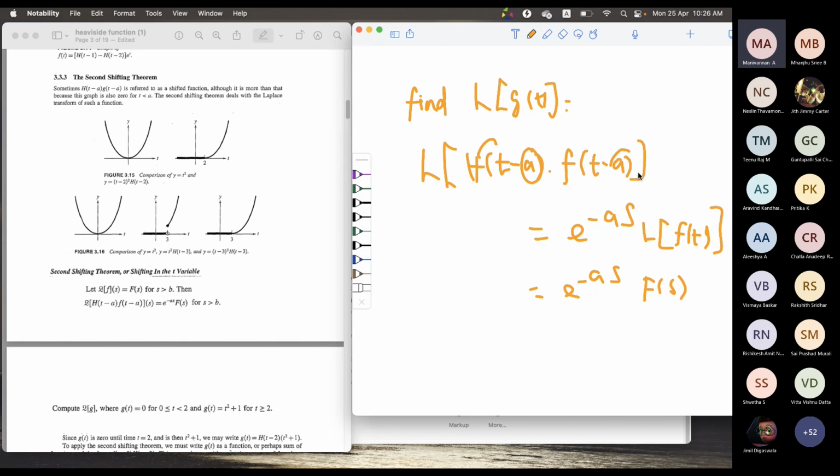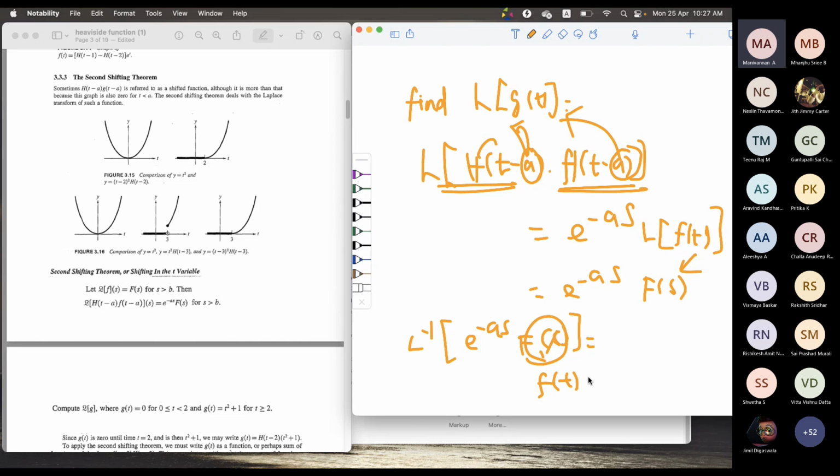So this a should be taken outside from both, then this h vanishes, and only the Laplace transform of f of t remains. So the inverse Laplace transform of e raised to the power minus as into f of s can be written as the corresponding f of t, with t replaced by t minus a, into h of t minus a. So this is f of t minus a into h of t minus a. Is it clear?